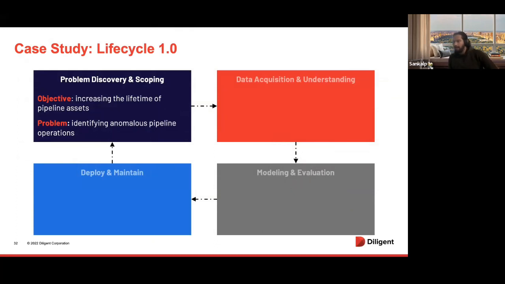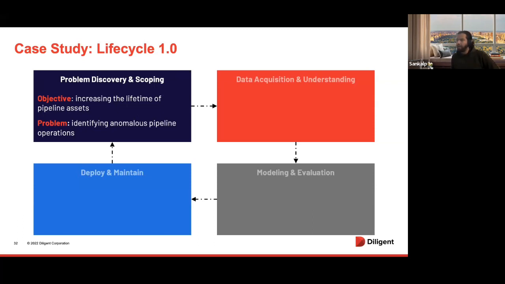And one way to do that is if we could identify abnormal pipeline operations, then we could preempt those abnormalities and make sure those are taken care of in time so that the pipeline doesn't malfunction or shut down. So this is what the business discovery and scoping phase entails.